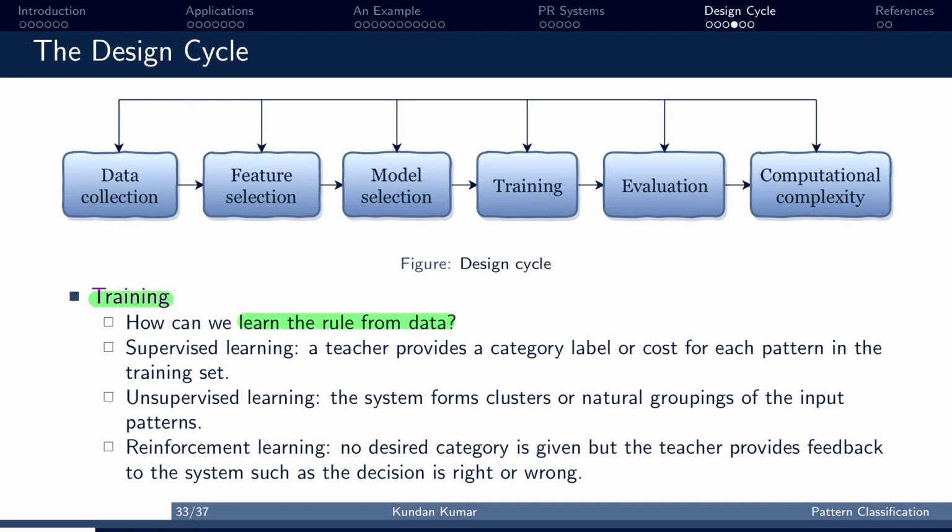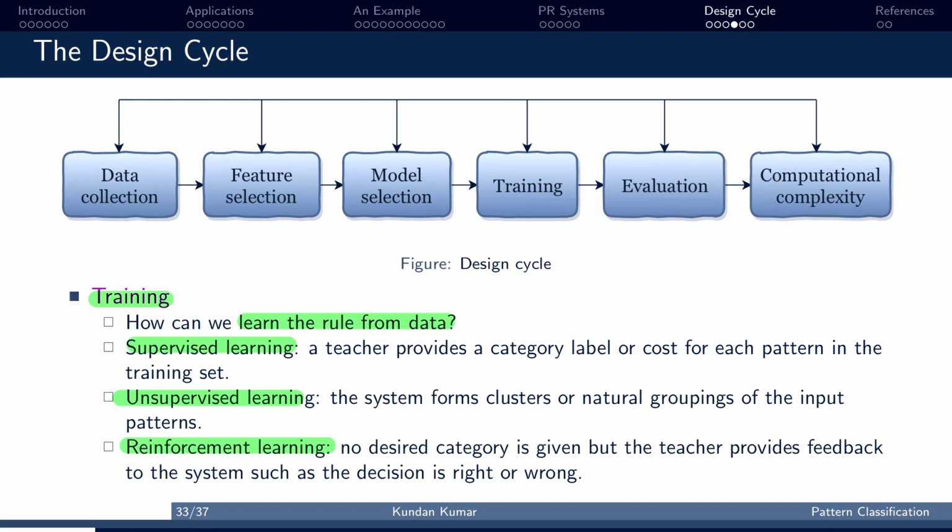Here we have different types of learning algorithms like supervised learning, unsupervised learning, and also reinforcement learning. In supervised learning, basically we train our model using the training data sample where the labels are known to us.